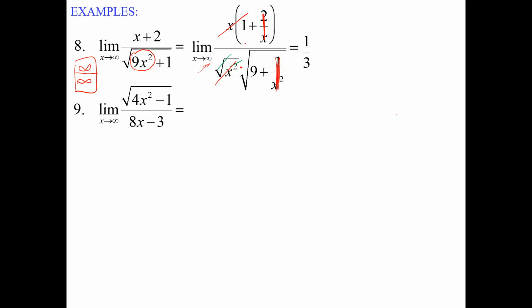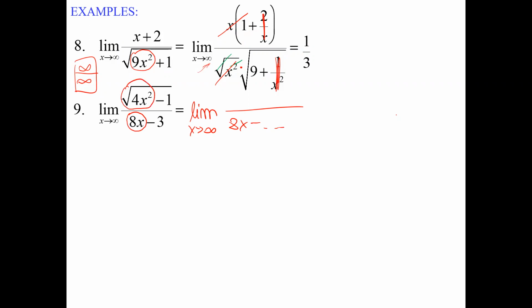Okay. Let's look at this one. The same thing. Algebraically, we can factor out everything, but we may see the leading function here, 8x, and we're not interested in the rest.